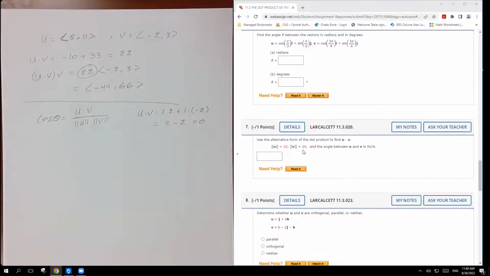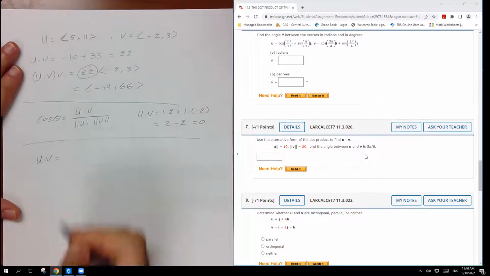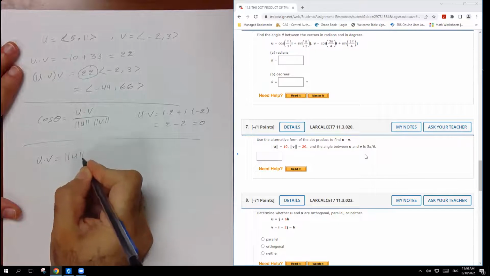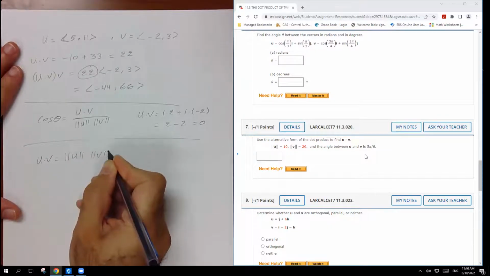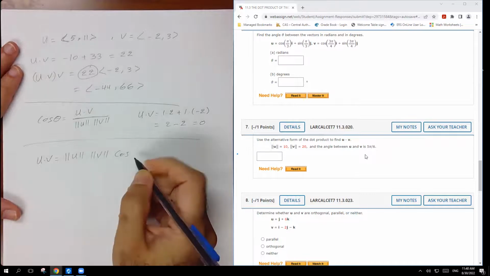Let's go to the next one. Use the alternative form of the dot product to find u times v. They give you the theta, so you're just going to say the dot product u times v is going to be the length of u times the length of v cosine 5 pi over 6.